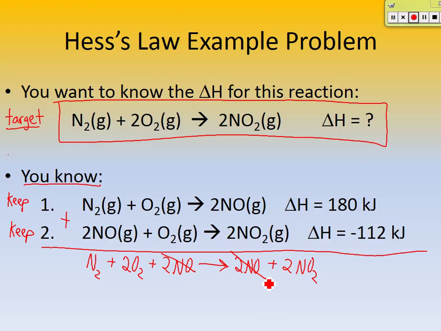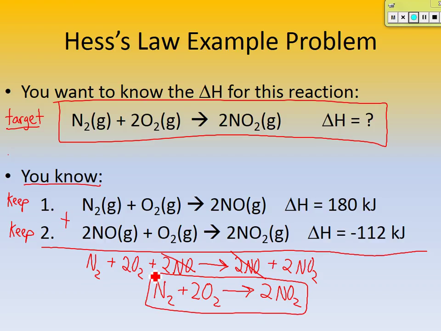And so what I'm left with is N2 plus 2 O2 goes to 2 nitrogen dioxides. So what we did is we just added our given equations up. Is this my target? Yeah. When you can add them together and make the target, you've done the problem correctly.